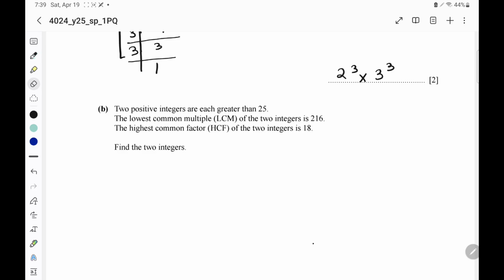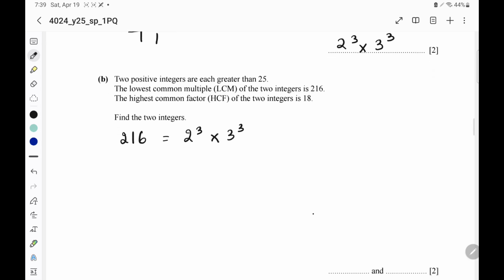So we know that the prime factorization of 216 is 2 cube into 3 cube, and if I check 18, 9 times 2 is 18, so that is 2 into 3 square. No, not 18, 18 is the HCF. Yes.